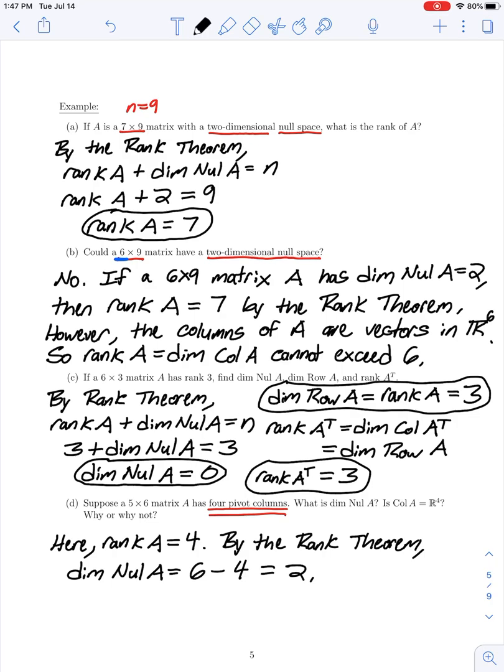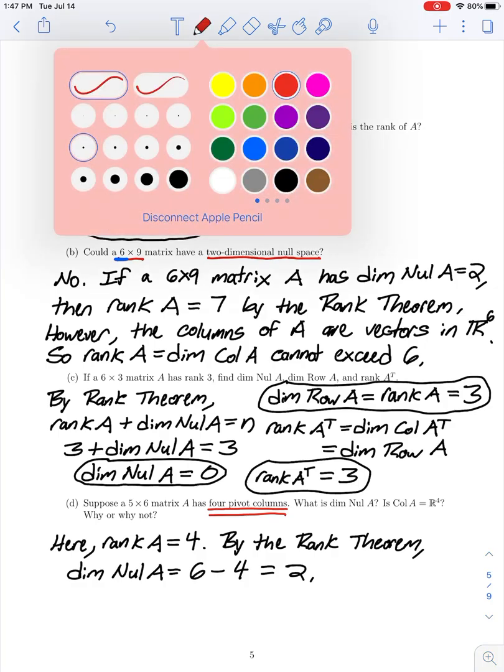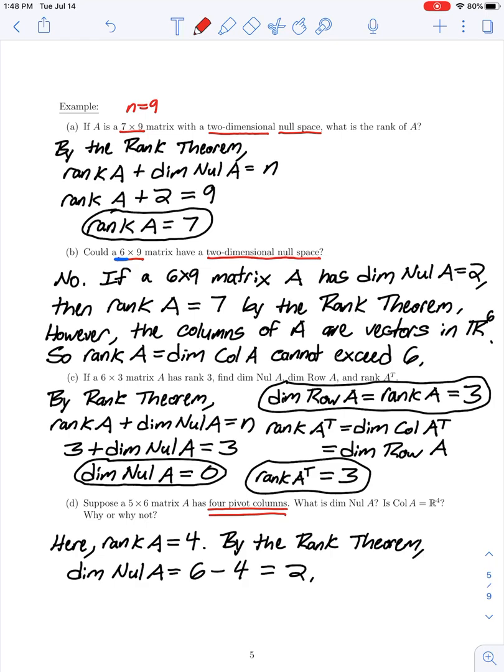And then we ask the question, is the column space of A equal to R4? Now, in this example, we're working with a 5x6 matrix. So each of the columns of this matrix A is a vector in R5. If we're considering the span of that set of vectors, which would be the column space of our matrix A, it could not be equal to R4 since our column vectors are not vectors in R4.